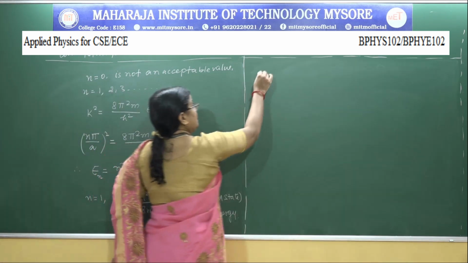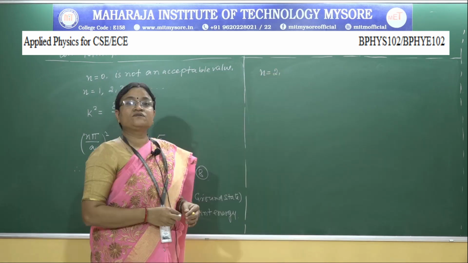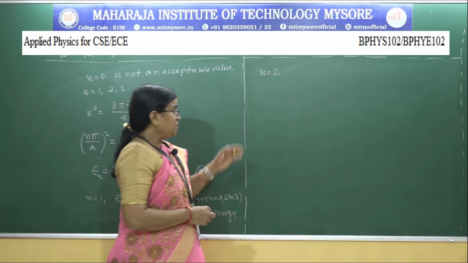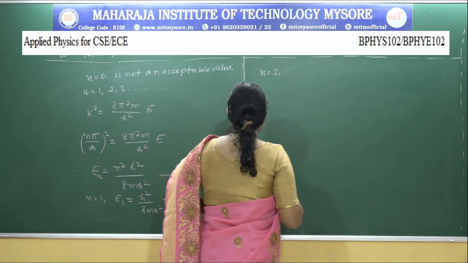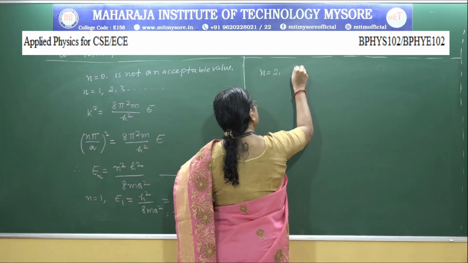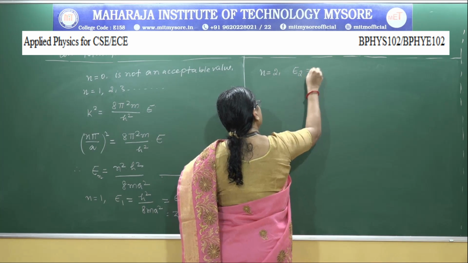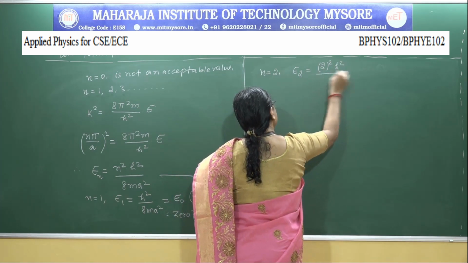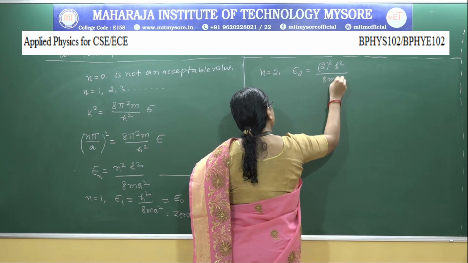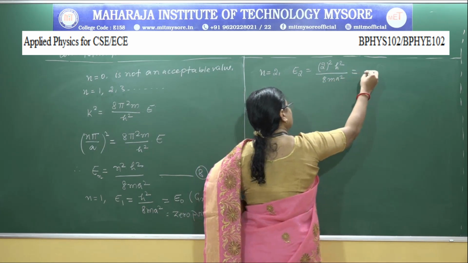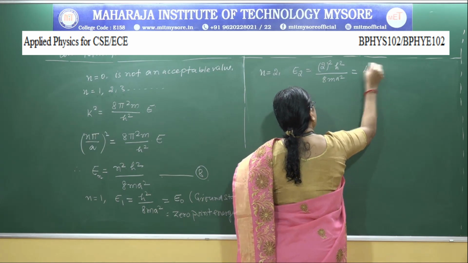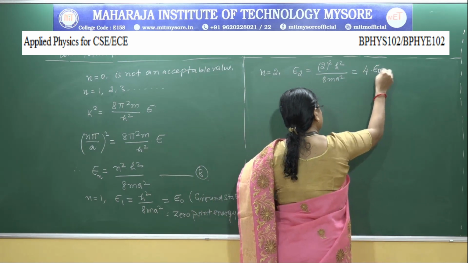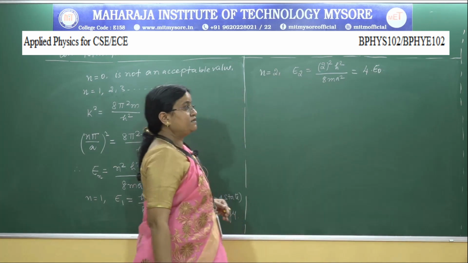Now, if we take n is equal to 2, which represents the second energy level, means the first excited state, we get E2 will be equal to 2 square h square by 8 ma square, and 2 square is 4 and h square by 8 ma square is the value of E naught, 0 point energy.